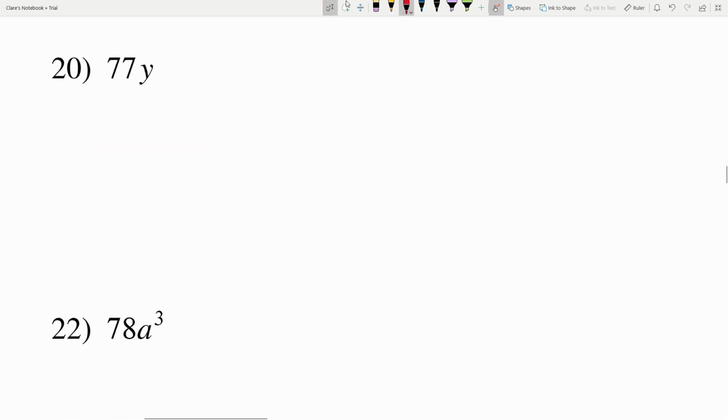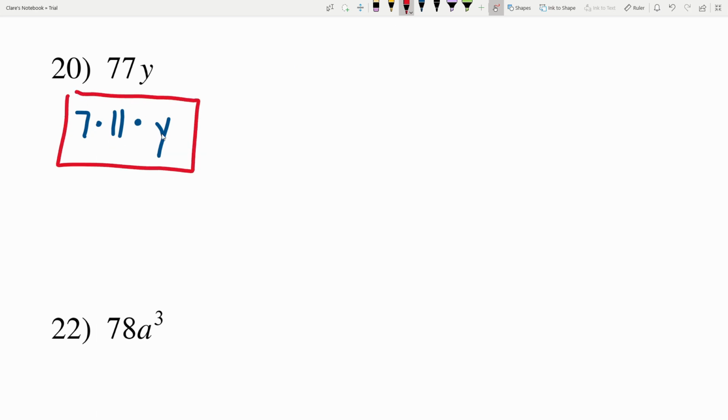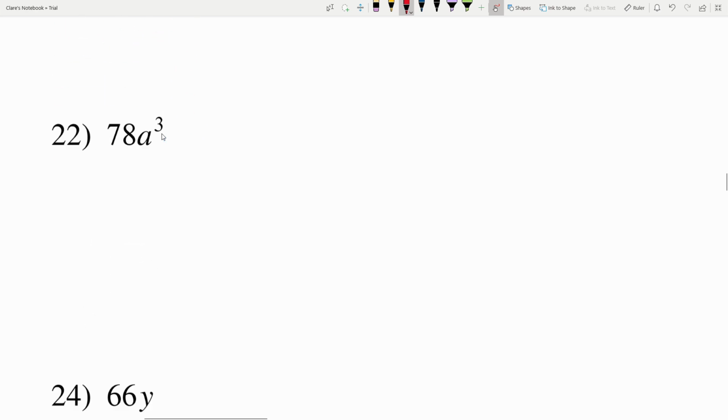Now, in number 20, I have 77. And 77 is divisible by 7 and 11. 7 times 11 gives me 77, and then that's multiplied by y. 7 is prime, 11 is prime, and y is itself. So 7 times 11 times y is my solution in number 20.